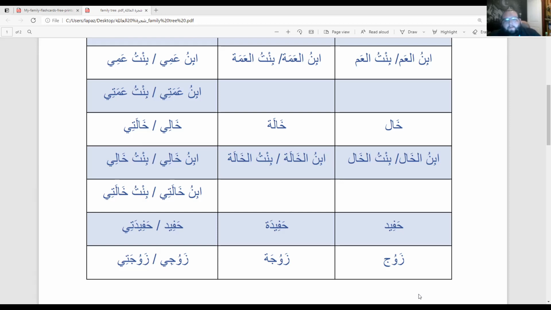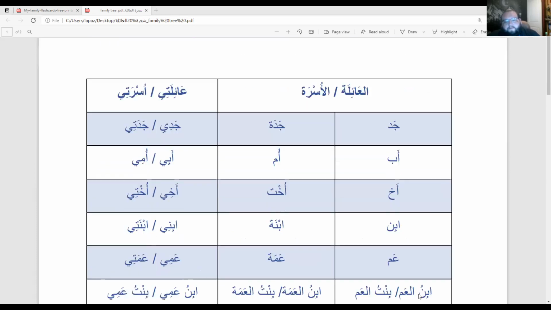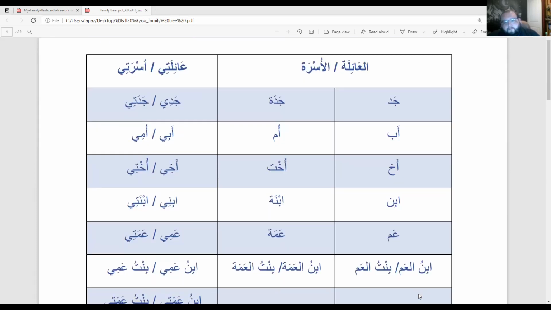Okay. So now let's try and practice using the possessive pronoun my with all the family words, العائلة والأسرة. In Arabic, to use the possessive pronoun my, you just add a ya at the end of the noun. Adding a ya indicates that it's mine.